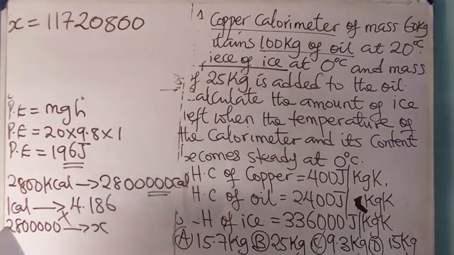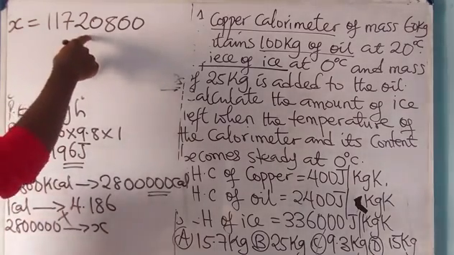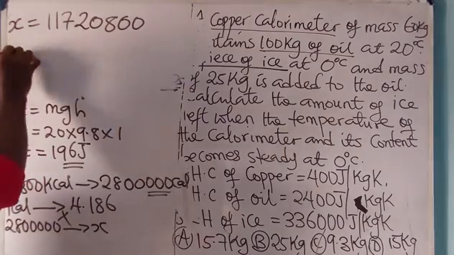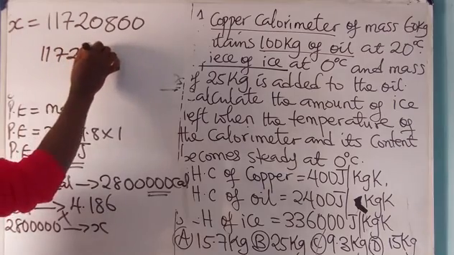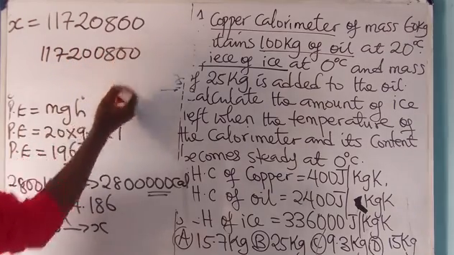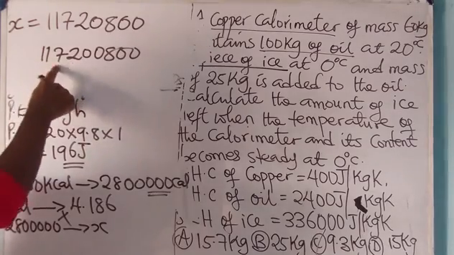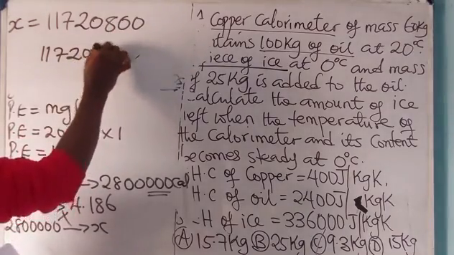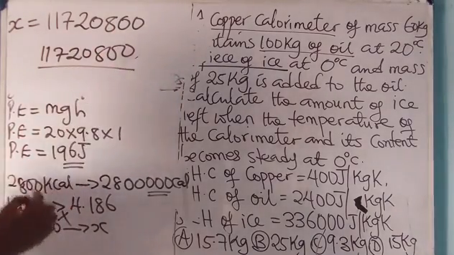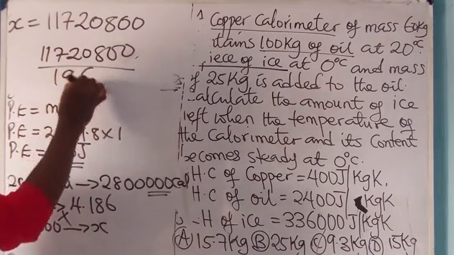So in doing that, we have to calculate the number of joules we have here. It becomes 11,720,800 divided by, we want to know the number of joules present here, so we divide by 196.